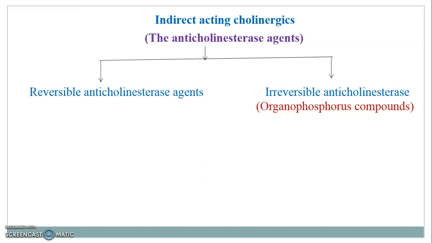So here we discuss the different examples under the reversible anticholinesterase agents, which you may further classify as carbamate ester derivatives or simple quaternary ammonium compounds.